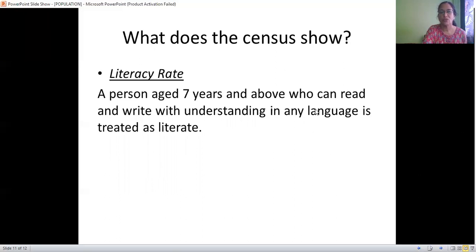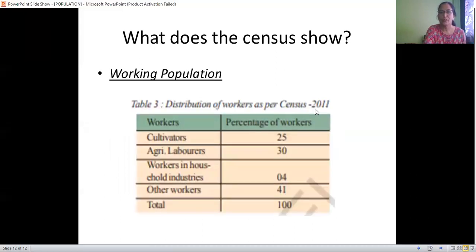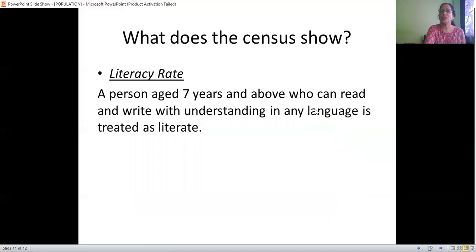So the census shows that there was a wide disparity in the literacy rate between men and women. That is 82% literacy rate for the men and 62% for the women. That is, there was a wide disparity. This shows the literacy rate among women is less than the men.